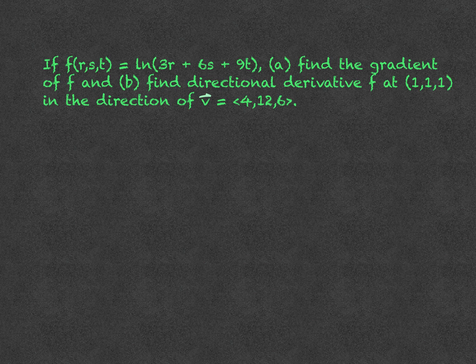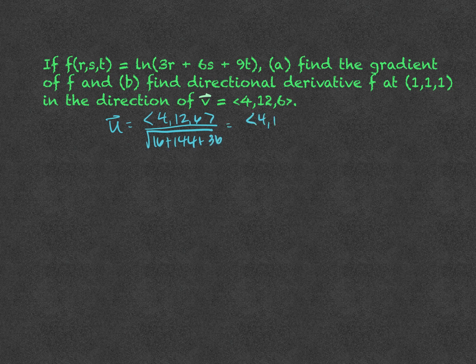So I think it's easier to start off with your unit vector. So let's find the unit vector to be the v, which is 4, 12, 6. Those are pretty numbers, over the length of v, which is 4 squared, which is 16, plus 144, plus 36.